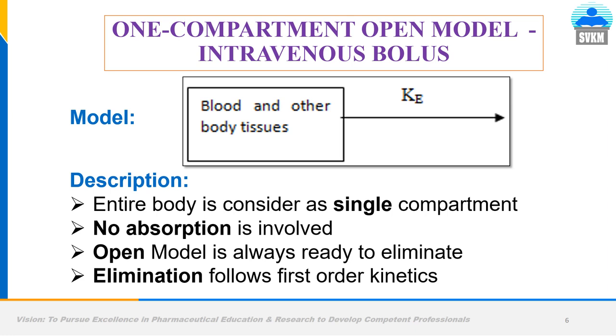For example, in IV infusion, we administer the drug in a constant way, so it is considered zero order kinetics. Sustained release or controlled release dosage forms may show zero order kinetics, but other than that, a conventional dosage form or IV injection may follow first order kinetics.